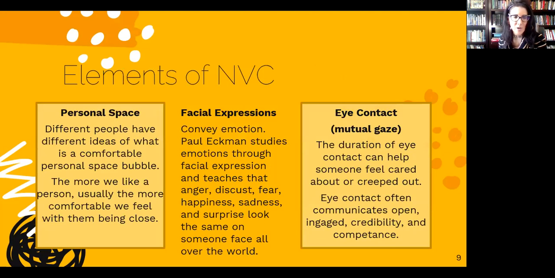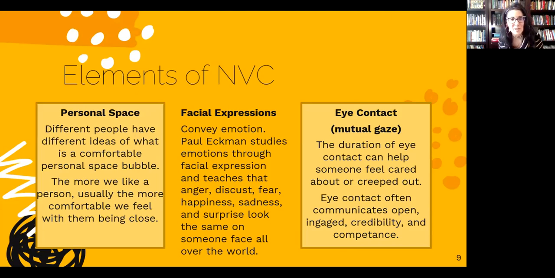And we're going to look at Paul Ekman in just a minute, but he's one of the leading psychologists who has studied nonverbal communication. He's really studied facial expressions. So personal space is an important aspect of this. Different people have different ideas of what a comfortable space feels like. You can gauge when you're talking to somebody and you come up there, maybe enthusiastic and excited about something, and they kind of back up.